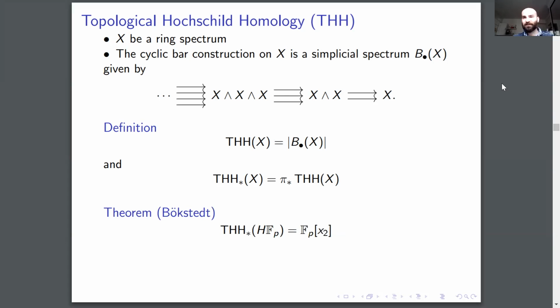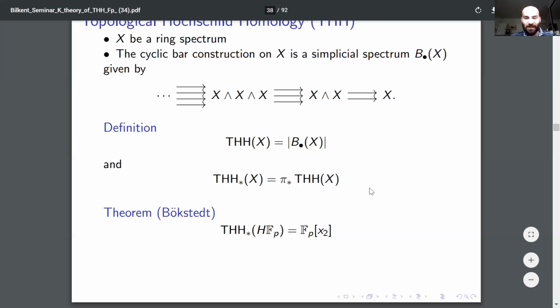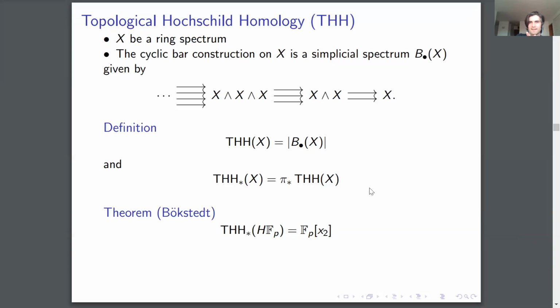Ozgur, could you remind me how the Hochschild homology and cyclic homology were related here? Yes, I will do that in a second. Okay, thanks. I will first do THH and then TC. Could you also quickly remind the maps in the simplicial object? Let's say the last two?